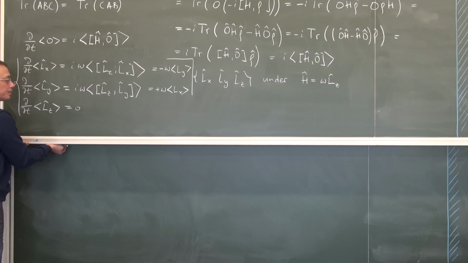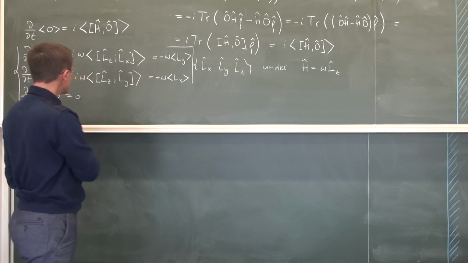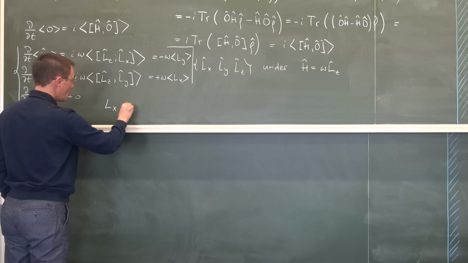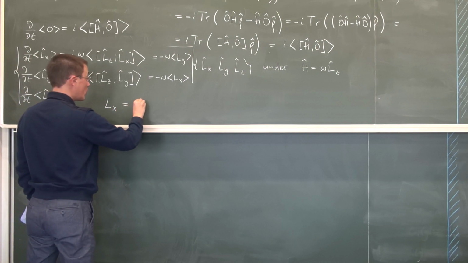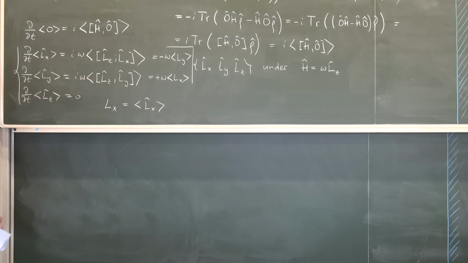So I will rewrite these ones, and what I will also do is I will introduce this notation. So Lx without the hat will be the expectation value of the corresponding operator. So if this doesn't have a hat, then that's simply the observable, right? So a scalar, not a matrix.